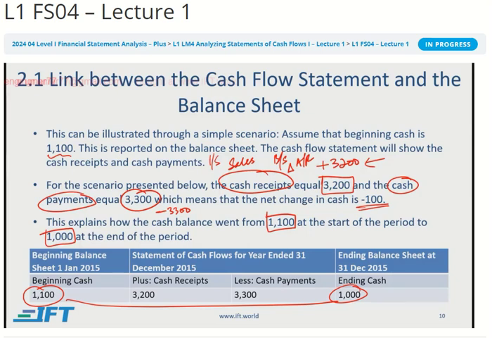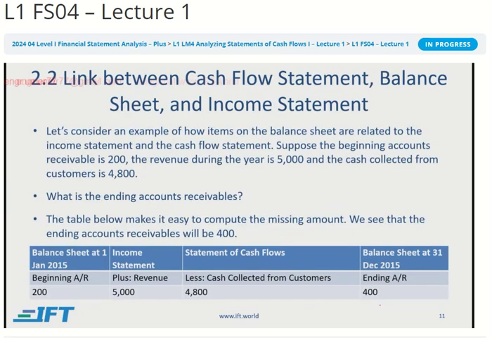Similarly, for the cash payment, you have to check the change in accounts payable, and also check the cost of sales or cost of goods sold from your income statement, and accounts payable is obviously from the balance sheet. So these things you have to do, and then you will be able to reconcile your cash amount going from opening to closing.